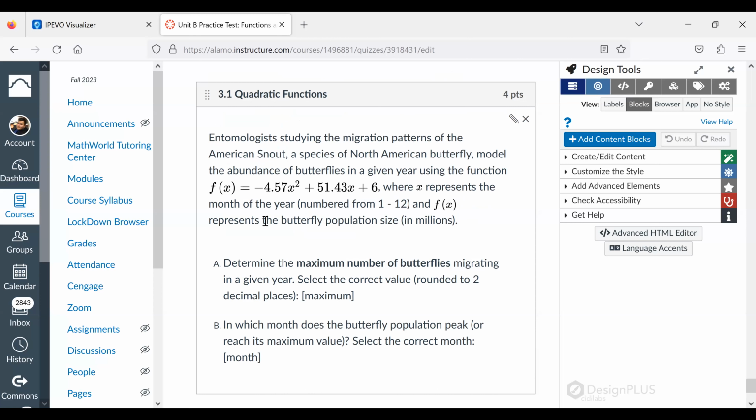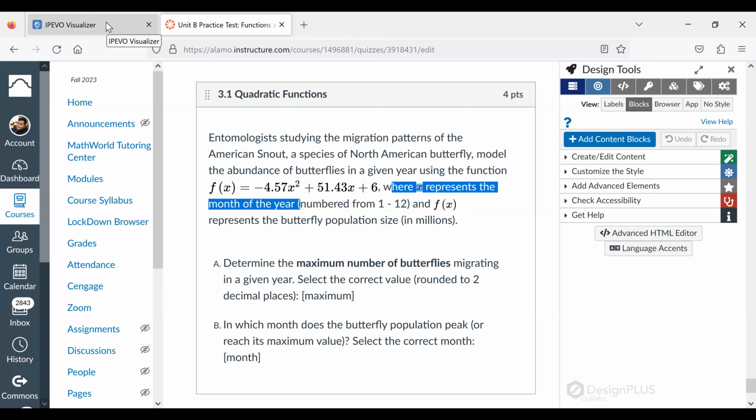Right? We said x represents the month of the year. So 5.63 would be which month? May. Yeah, so somewhere in the middle of May, right? We hit the peak.